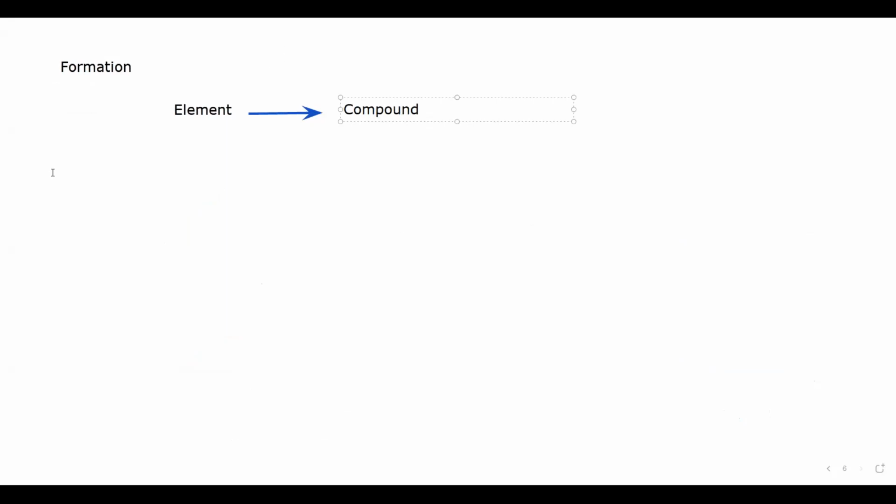What is the definition for lattice energy? When ions in the gaseous state, that is the condition, the ions must be in the gaseous state, result in the formation of a compound.